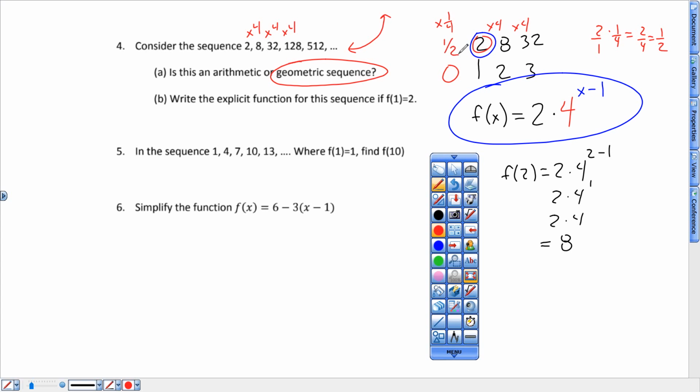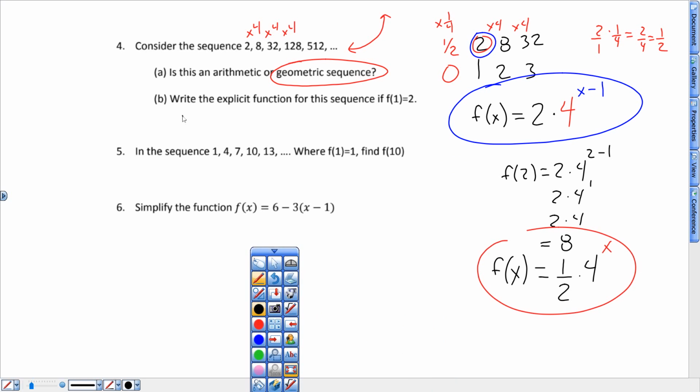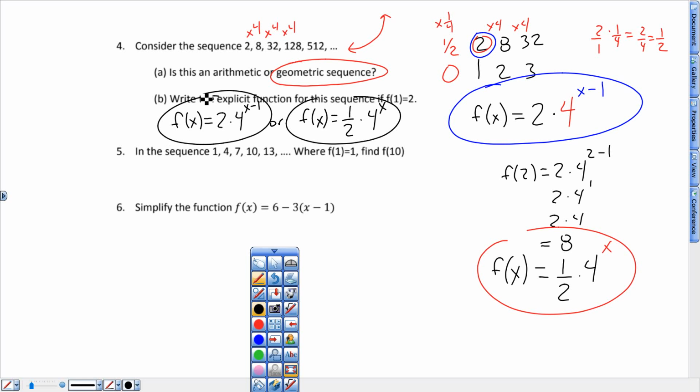So the 0 term would be f of x equals 1/2 times 4 to the x power, and I'm not sure which one he's having you use, but I know both those will work. Either the first term, 2 times 4 to the x minus 1, or using f of x equals 1/2 times 4 to the x. Both those will work.